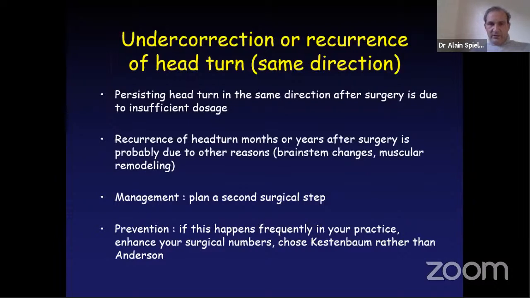Recurrence of head turns months or years after surgery is probably due to other reasons, brainstem changes or muscular remodeling, and this is not due to insufficient dosage. But whatever the reason, the management is the same. You will have to plan a second surgical step with enhanced surgical numbers.